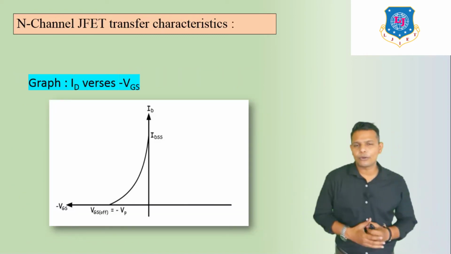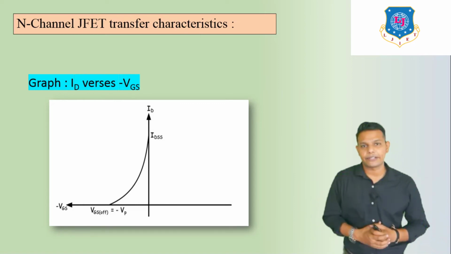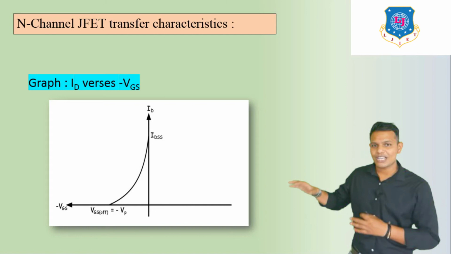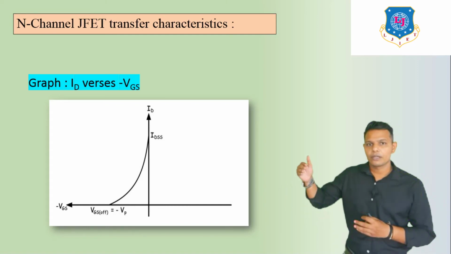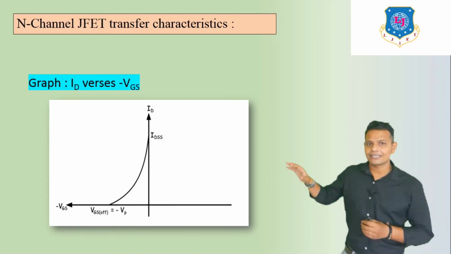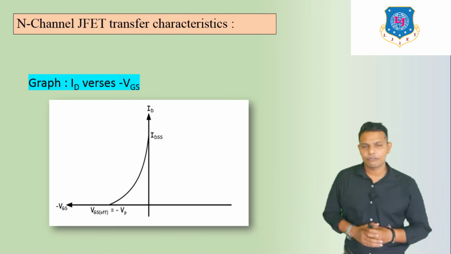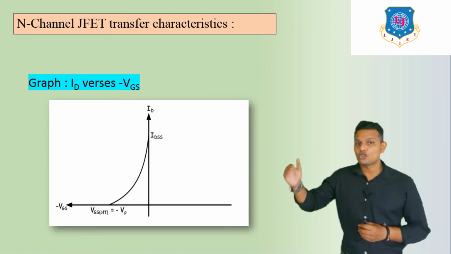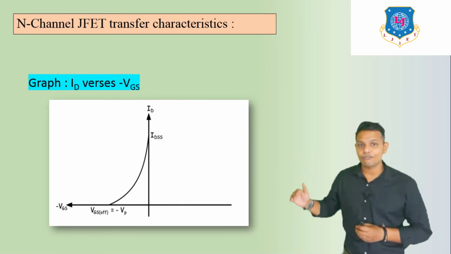Now we are going to discuss another characteristic which is known as transfer characteristics. Transfer characteristics are a little bit different from the output characteristics. Here this is the graph of ID versus VGS, whereas in output characteristics, or drain characteristics, it is the graph of ID versus VDS.